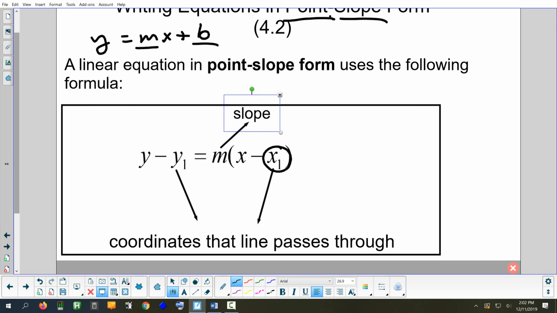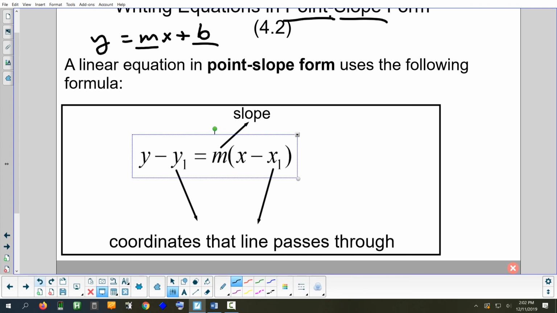This is part of a coordinate, and this is part of a coordinate. The things that don't change in this formula ever are the y, the equals, and the x. Those three things stay the same.